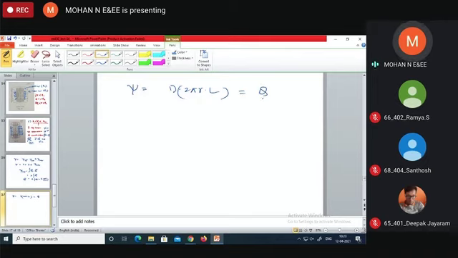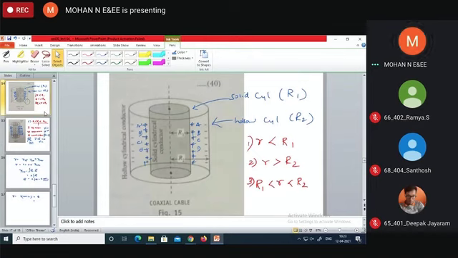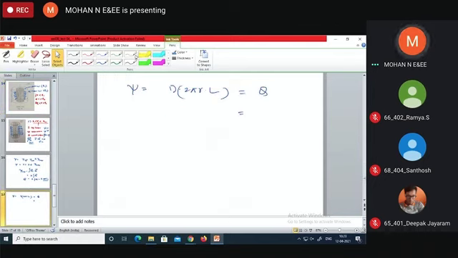Total charge enclosed. This is total charge enclosed. And total charge on the inner cylinder. So what is this total charge? That is nothing but the charge of the inner cylinder.